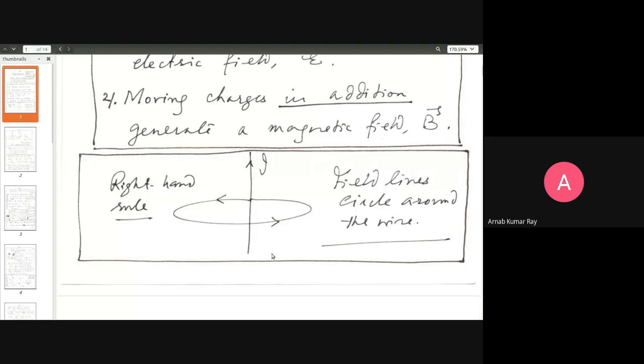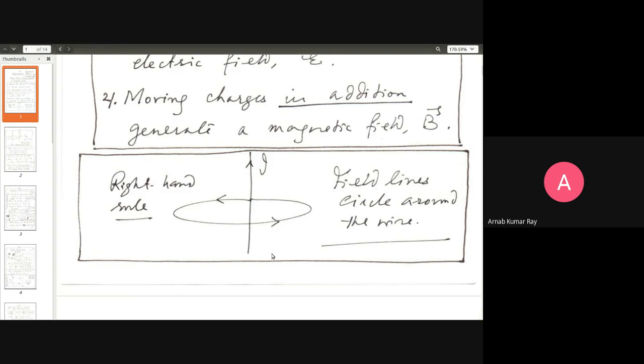And this is best understood by applying the right hand rule. If you take your right hand and point your thumb upwards, then the thumb will follow the direction of the current. So the thumb is aligned with the straight current path.